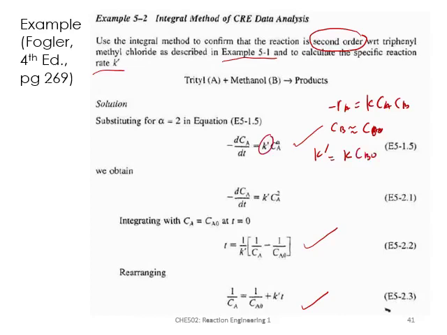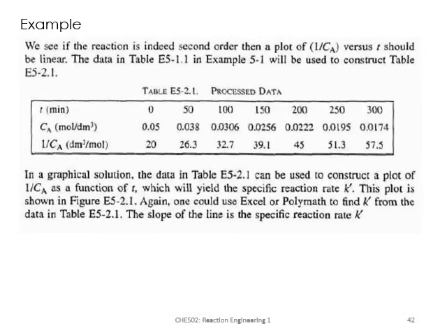If you can recall this one, then you may go back to the differential method explained for this example. Alright, if the reaction is indeed second order, then a plot of 1 over CA versus T should be linear. So this is the process data, already calculated for you.